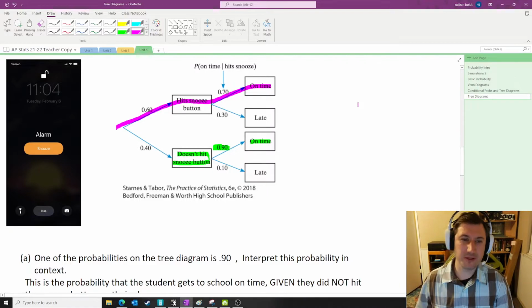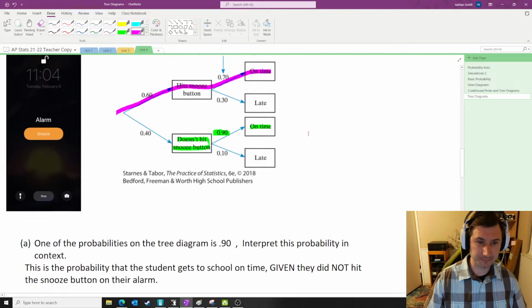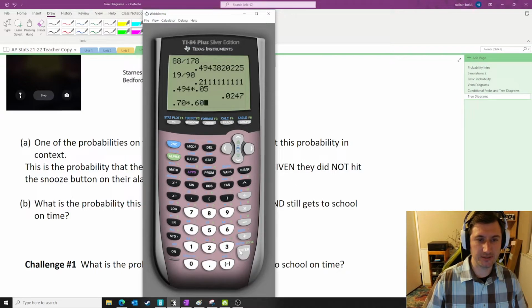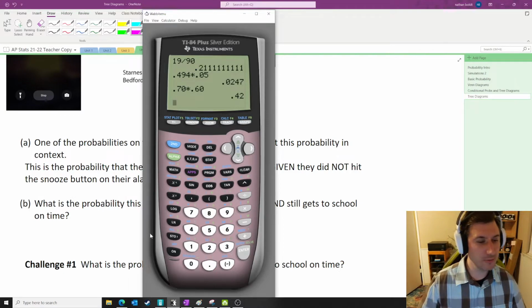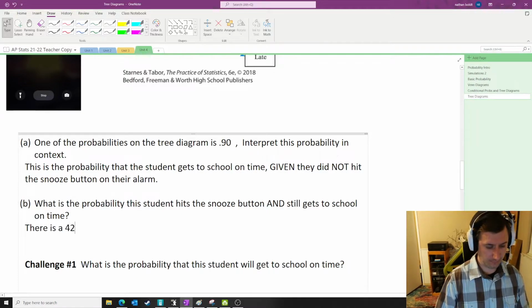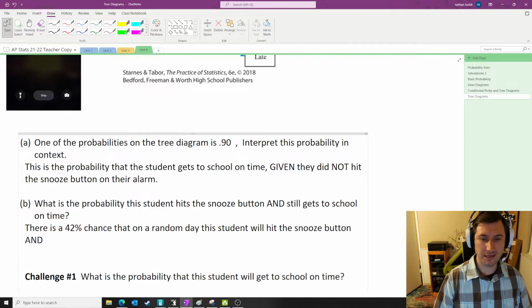So 70% of 60%. We get to multiply those two. So 70% times 60%. So 42% of the time, or there is a 42% chance that on a random day, this student will hit the snooze button and still get to school on time.